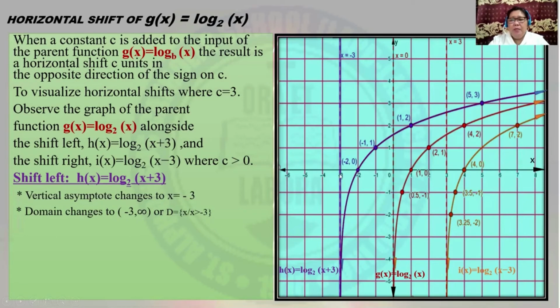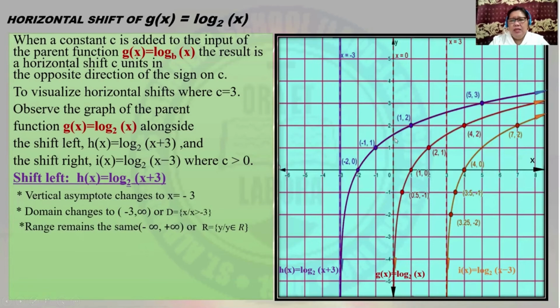By this time, if we have the shift left, the domain becomes greater than negative 3 because the vertical asymptote is line x is equal to negative 3. And for the range, it remains the same. It is still y such that y is an element of real numbers.